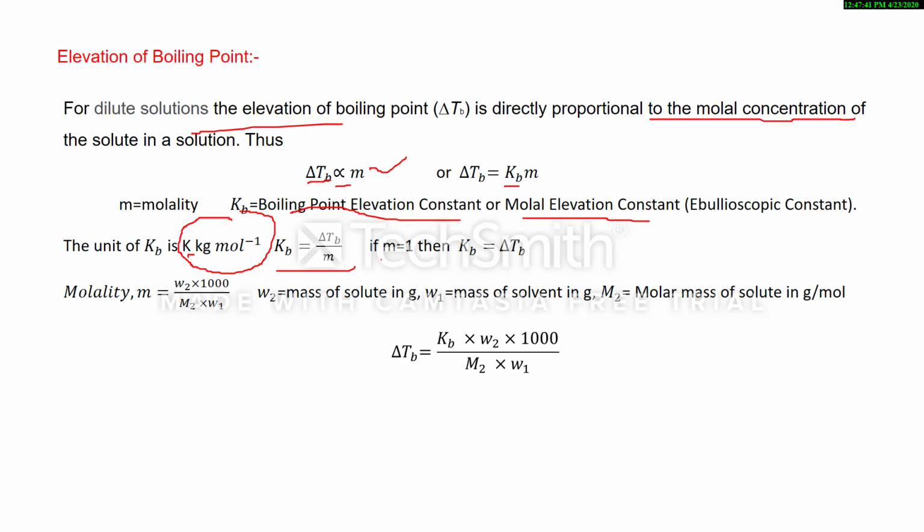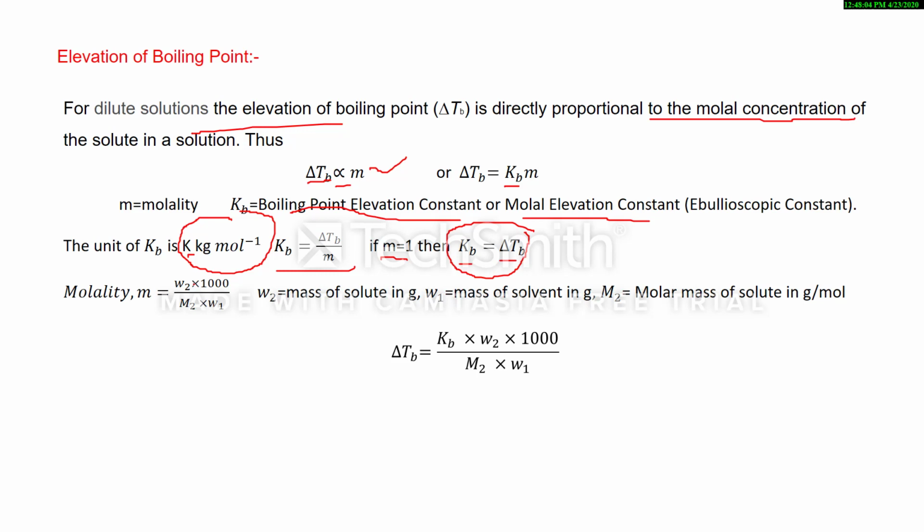And if the molality of any solution is 1, then Kb is equal to delta TB. From this relationship we can define Kb: Kb is equal to the elevation of boiling point when the molality of the solution is unity.